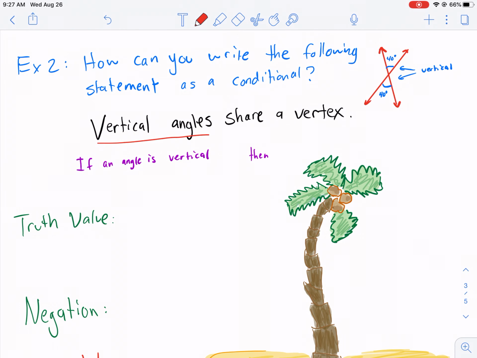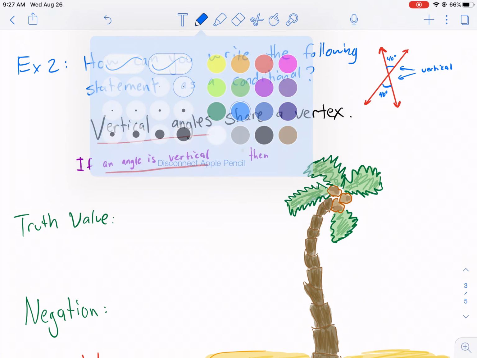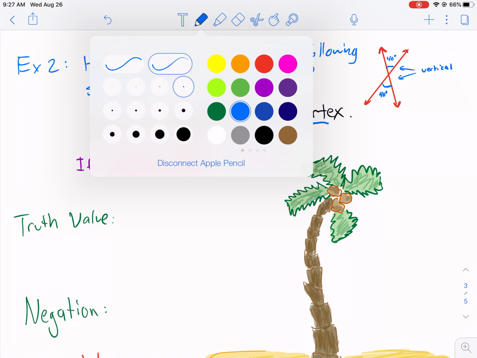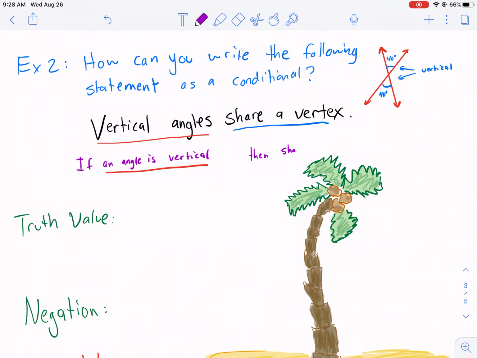If an angle is vertical, right there, boom. Then they share a vertex. So if an angle is vertical, then they share a vertex.